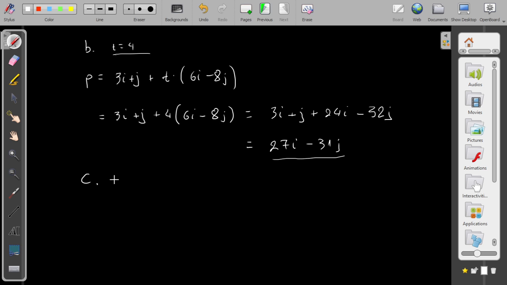So basically I just need to take the magnitude of that, 27i minus 31j, which is the square root of 27 squared plus 31 squared, which is equal to 41.1 meters.